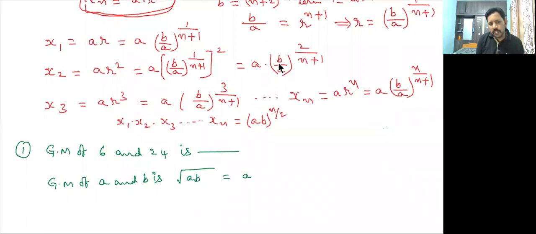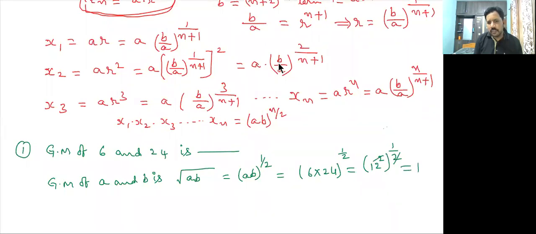That means we can write (AB) whole power 1 by 2 also. What is A value and B value? That is 6 into 24. 6 24s are 144. 144 means that is 12 square. 12 square whole power 1 by 2. 2 to cancel. Answer is 12. So geometric mean of A and B is 12.